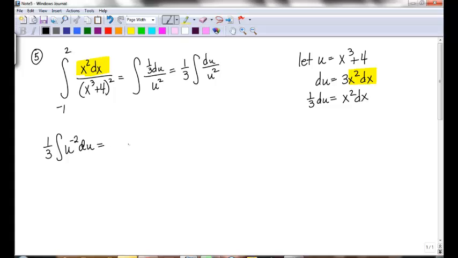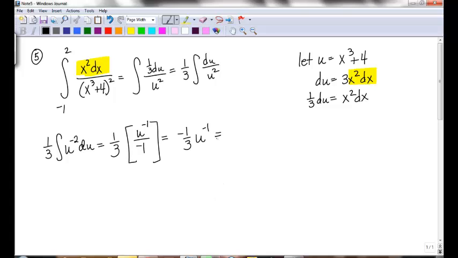Okay, so far? Then leave the 1/3. Now you do the antiderivative. Add 1 to that exponent. Divide by the new exponent. So if I add 1 to that, it's going to make it u to the -1. Divide by -1. And then if I simplify, 1/3 times -1 is just going to be a -1/3 u to the -1 power.